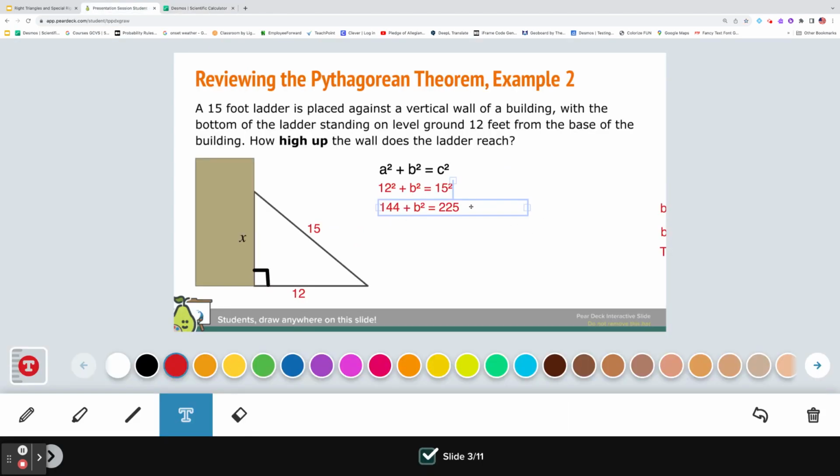So we will subtract 144 from both sides and get that B squared is equal to 81. And then what number when you square it is 81? Either you know that that's 9, or you can take the square root of 81. And the answer to this question we will write as a sentence using the context of the problem. The ladder reaches 9 feet up the wall.